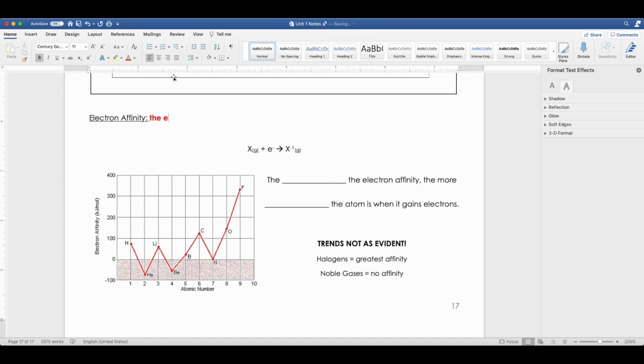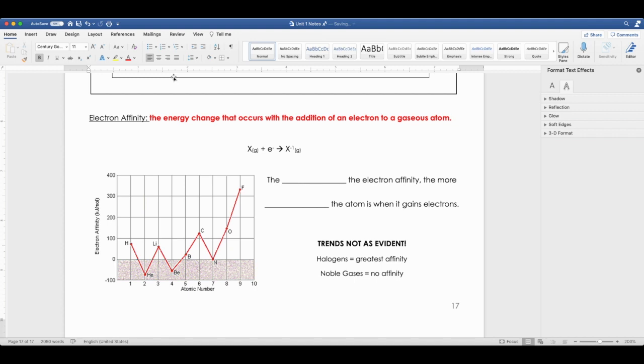But electron affinity is the energy change that occurs with the addition of an electron to a gaseous atom. So it's sort of the opposite of ionization energy, right? It's the energy change that occurs with the addition of an electron to a gaseous atom.